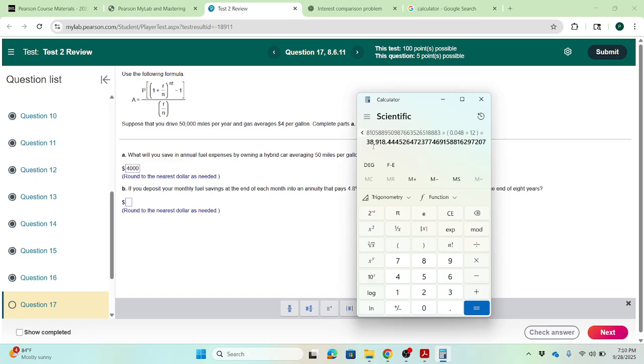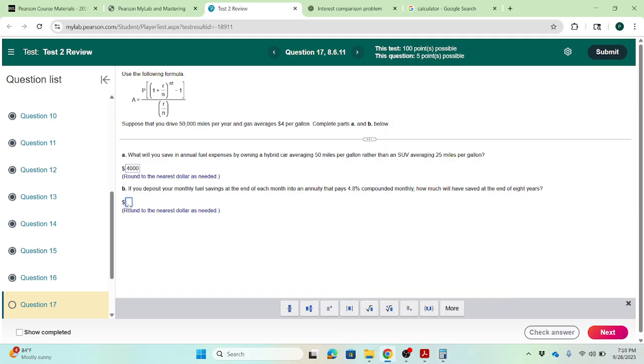Hit enter. This is the saving you will have: 38,918 bucks.